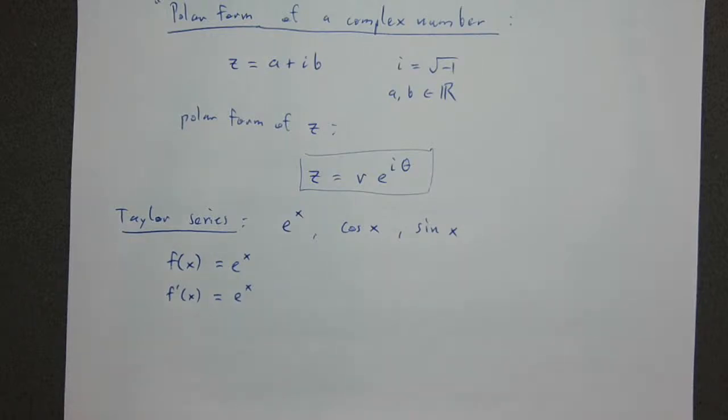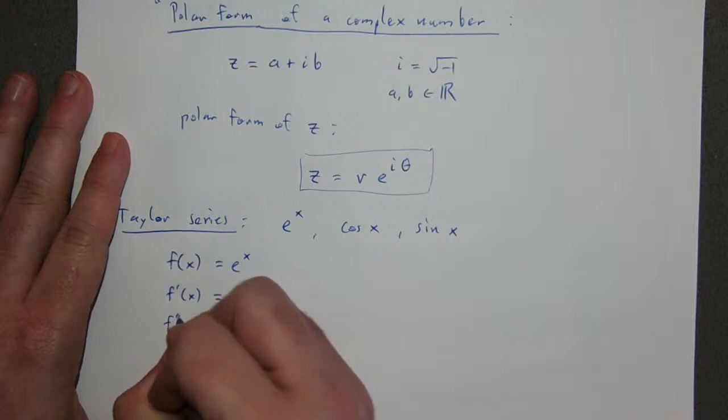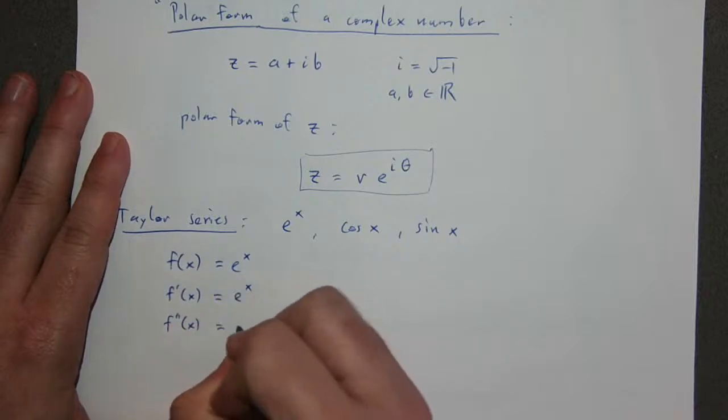It's the only non-trivial function that this is true for. Any other non-trivial function like this is some constant times e to the x, or e to some constant times x. But e to the x specifically doesn't just keep the same form. It is literally the same thing. It's its own derivative.